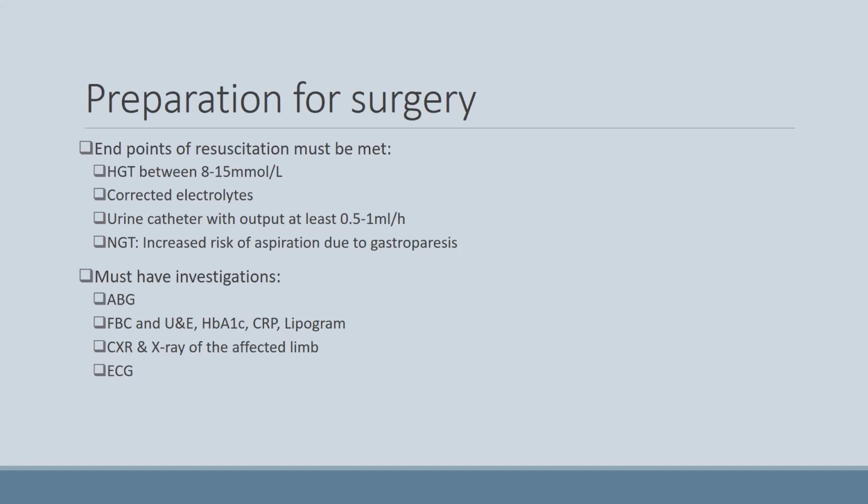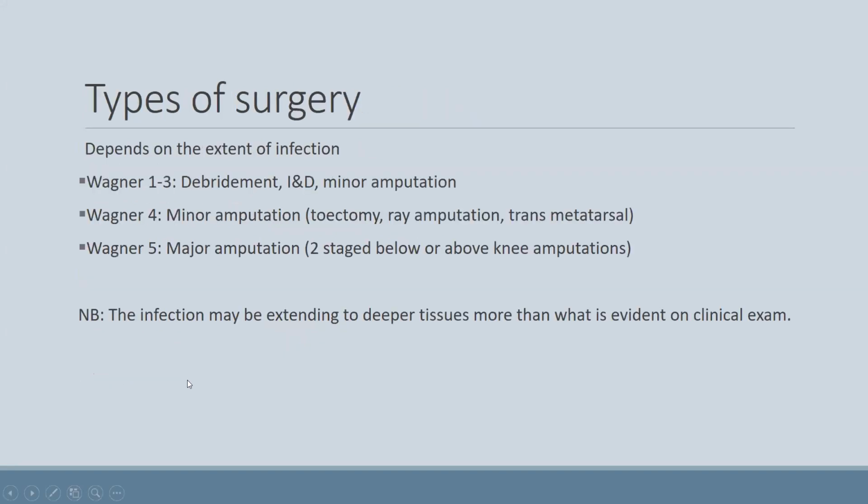Because like I said, what you see on the wound might not necessarily reflect what's happening inside. So you need to know if there is bony involvement so that the correct surgery decision can be made. And again, because of the autonomic neuropathy, the patients can have silent myocardial infarction. So at least you need an ECG to check if there's no silent ischemia.